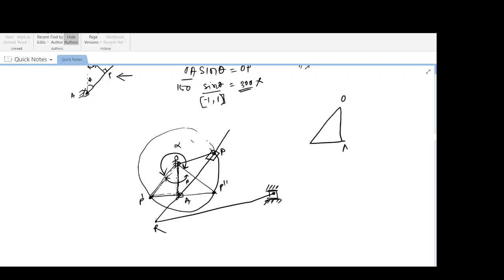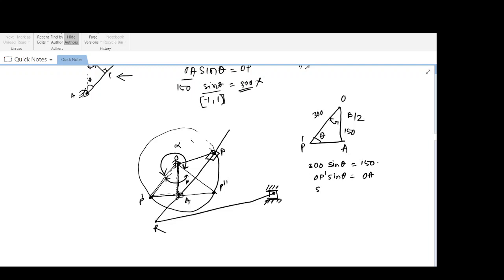So if we make the triangle O, here it is A and it is P dash, let it be theta, it is beta by 2. Now we know this is the crank length. OP dash is given as 300, OA is given 150. So in a simple relation, OP dash sine theta is equal to OA, that is 300 sine theta is equal to 150.